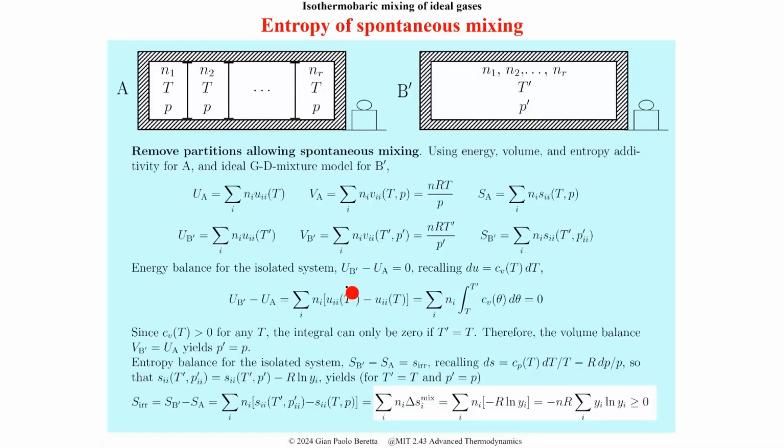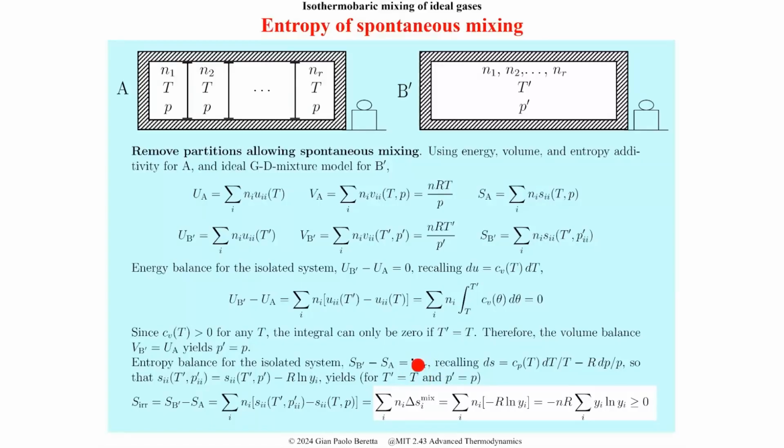Different story is for the entropy balance. The entropy balance is written here with another little mistake, because this should be a capital S. So the final entropy minus the initial entropy. There are no interactions, so there is no entropy transfer, no heat interactions.